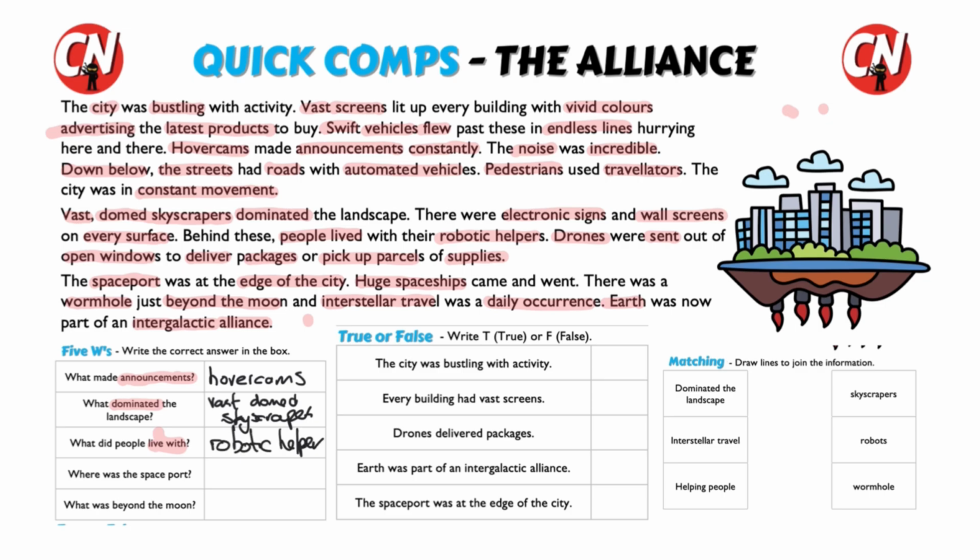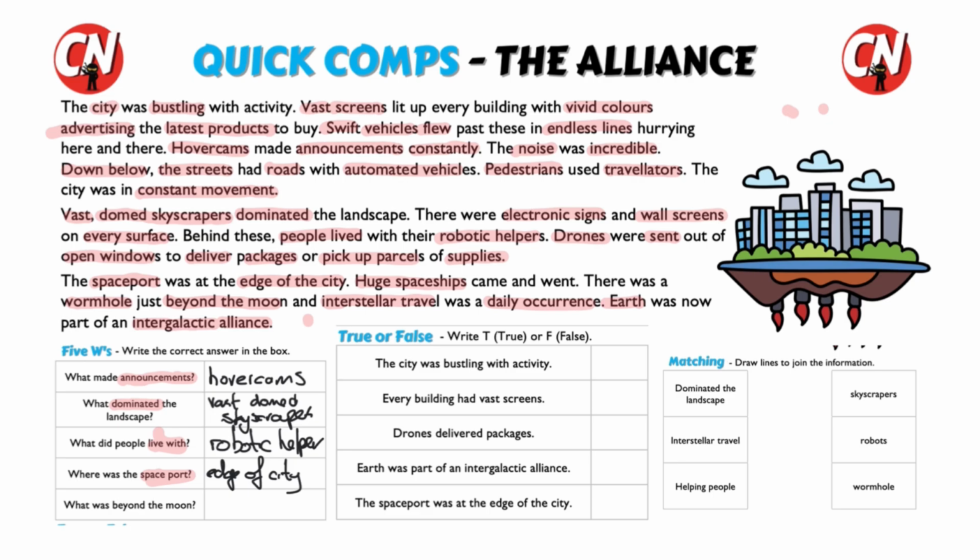Next one. Where was the spaceport? Again, keyword spaceport. It's not going to say spaceport very often. I remember it's somewhere near the bottom. The spaceport was at the edge of the city. Fantastic. So I'm going to nip back there. Edge of city. That one's done.